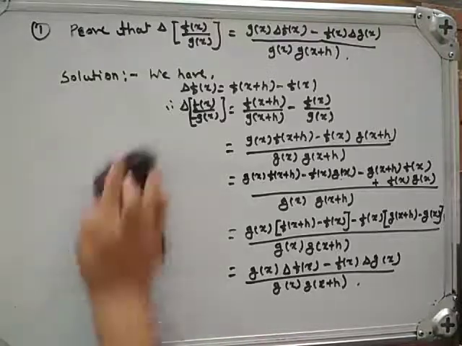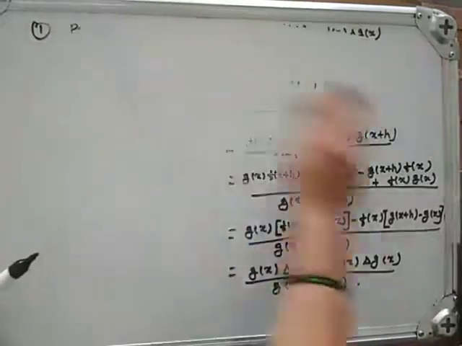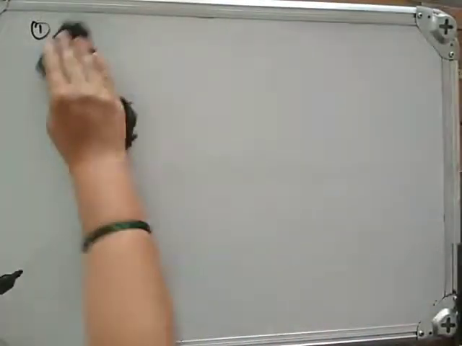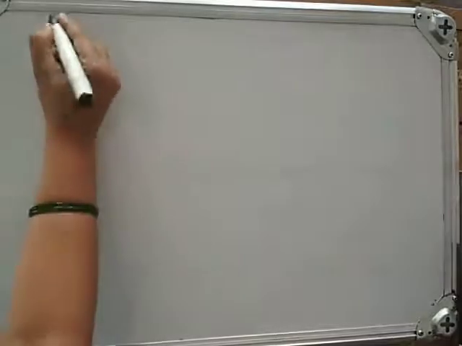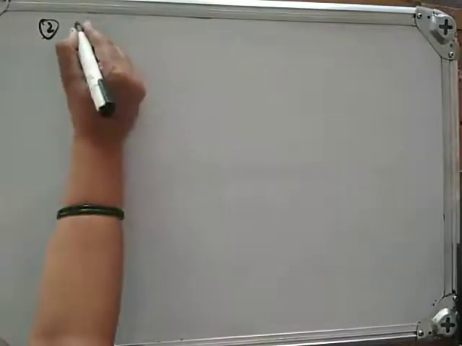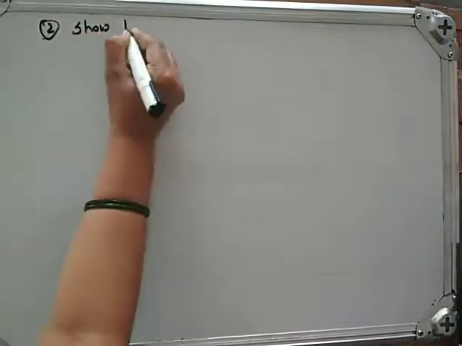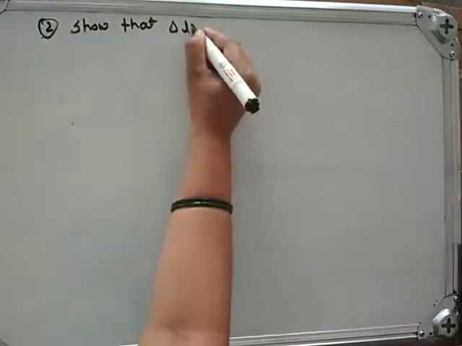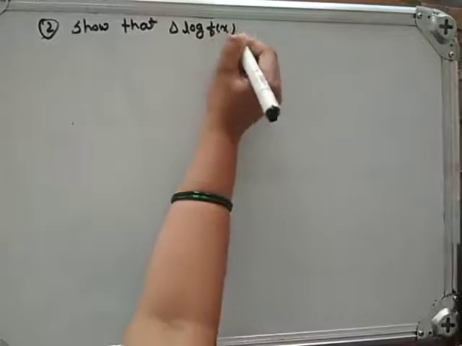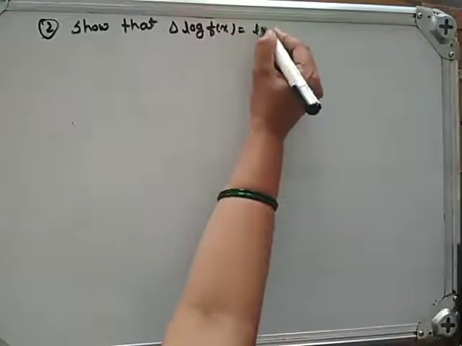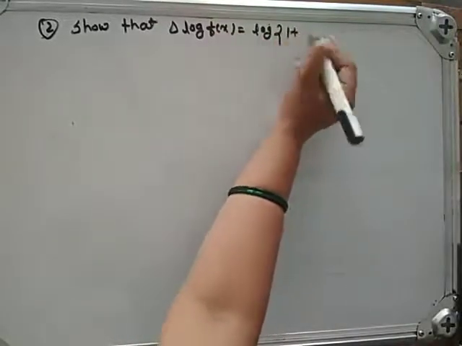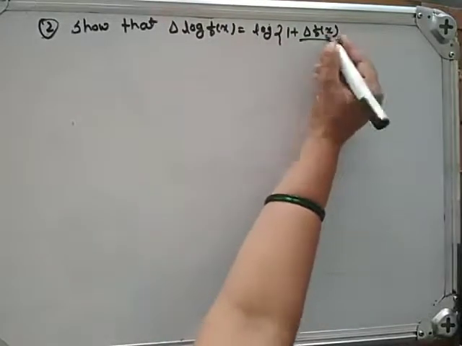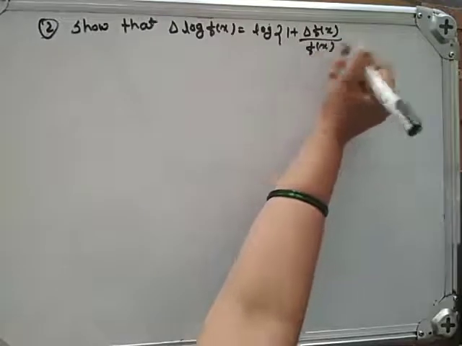Okay. Let us take second example. Second example is show that delta log f of x is equal to log of 1 plus delta f of x upon f of x.